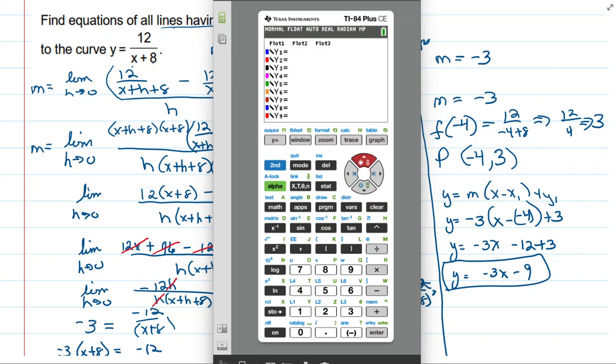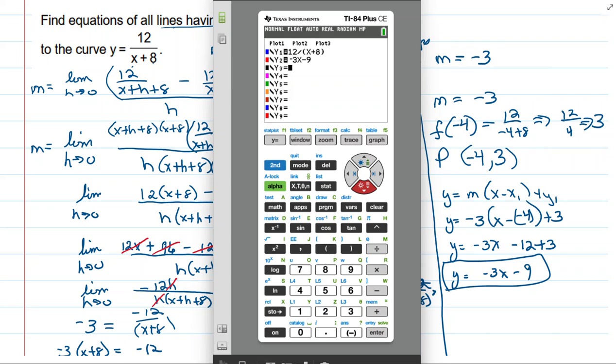And I have 12 divided by open parenthesis x plus 8 close parenthesis for my first function. And then I have a -3x minus that 9 for my second. And I look to see I didn't forget something. I'm going to do a zoom 6 because my point is -4 and 3.